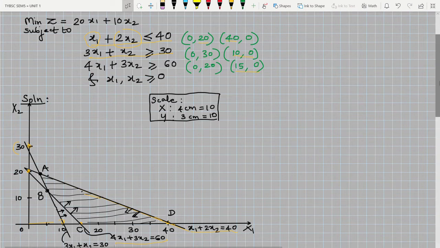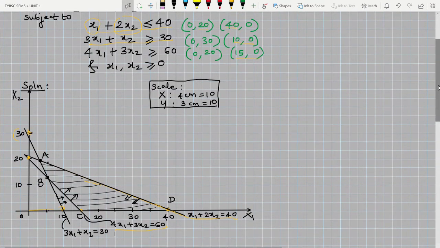Now similarly the third equation, 4x1 plus 3x2 is equal to 60. I have plotted the points and joined the line, that is this line. Now when the first line is drawn, that is x1 plus 2x2 is equal to 40, you have to decide the region.